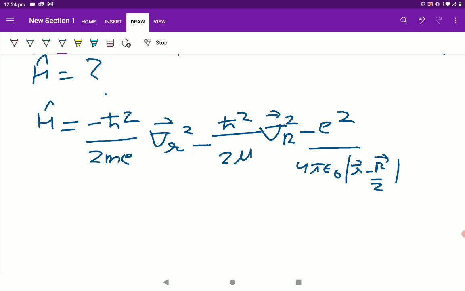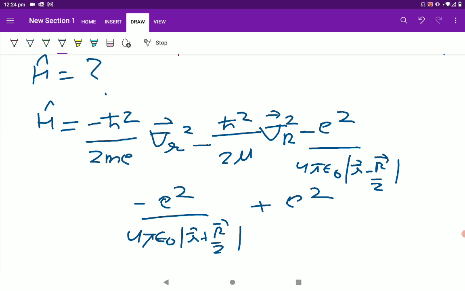Let's continue from below. And we have also the repulsion between the electron and nuclei.